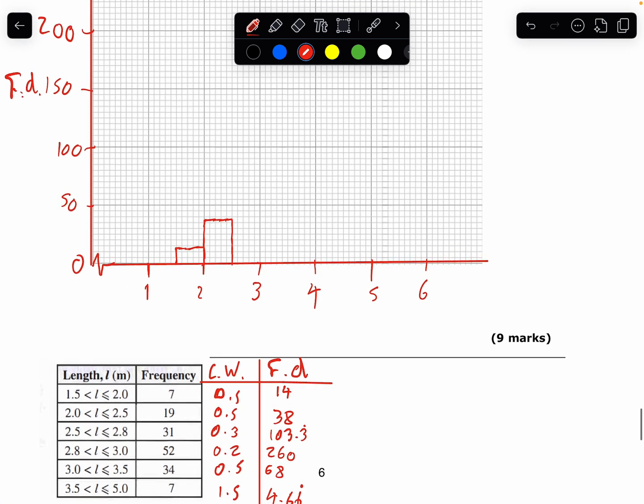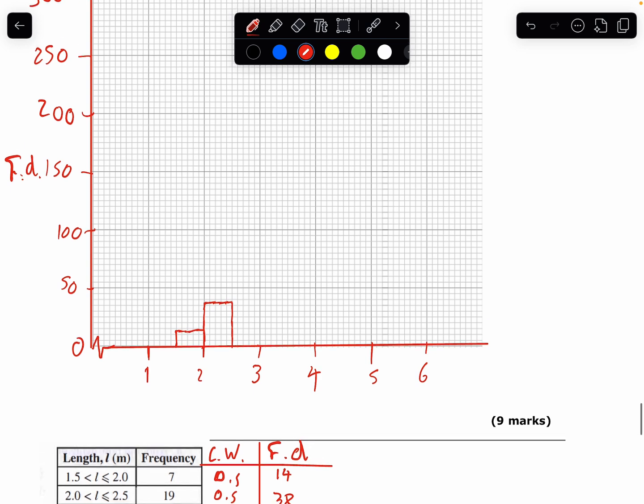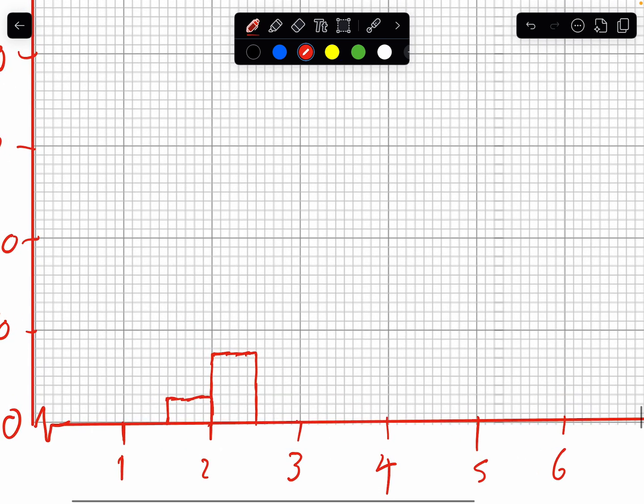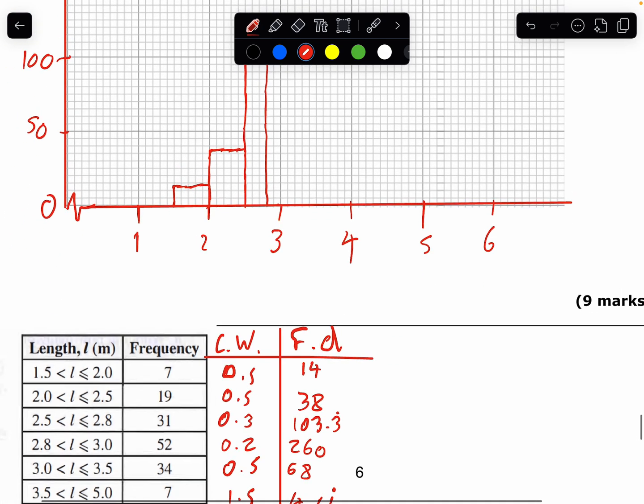From 2.5 to 2.8, it should be all the way up at 103. So that's just above 100, but not quite at the next square. So just 100 around there, and that's all the way up to 2.8. I do have the luxury of being able to zoom in, but you have the luxury of having a ruler, so no complaints.